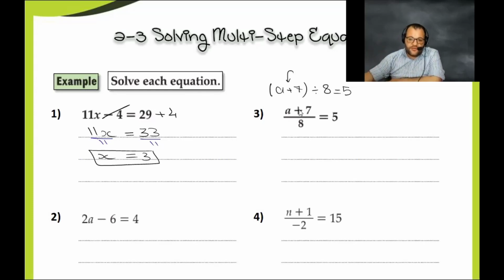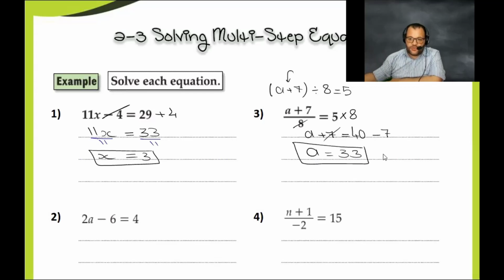If we find any fraction divided by a number, at first we remove the 8 by multiplying by 8. So a plus 7 equals 40. Then a equals 40 minus 7. So a equals 33.